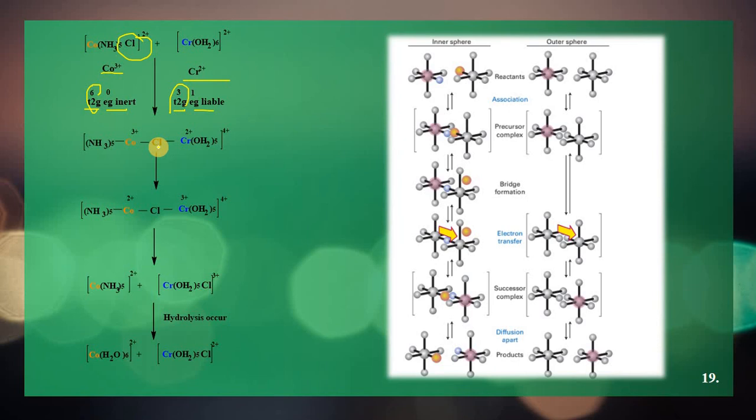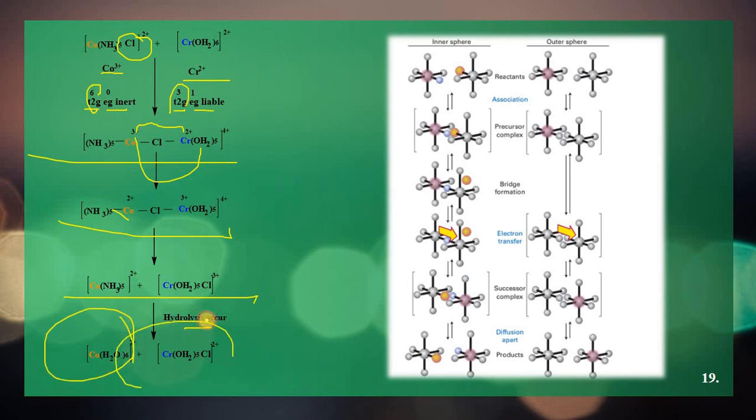We form the precursor complex. The electrons are further transferred. This 2 plus moves here. This 3 plus moved here. So when it is moved here, this is the activated precursor complex. This is not activated, and from there, this is what is formed. Hydrolysis further takes place. When hydrolysis takes place, this is our final reaction.